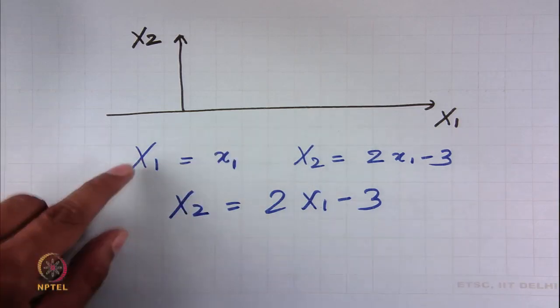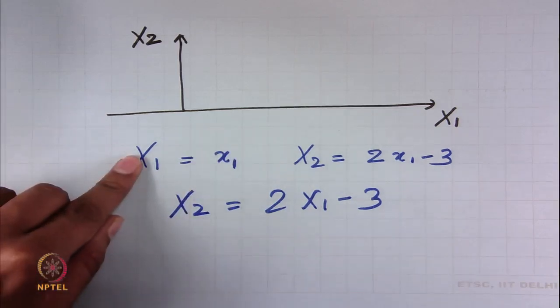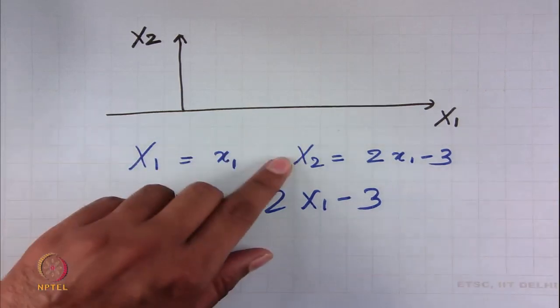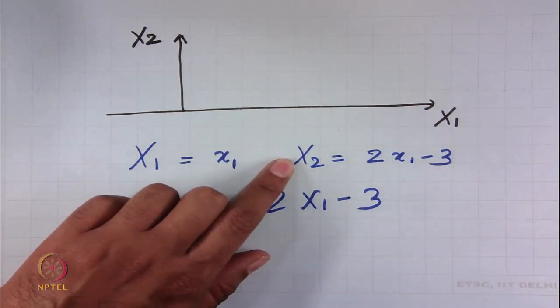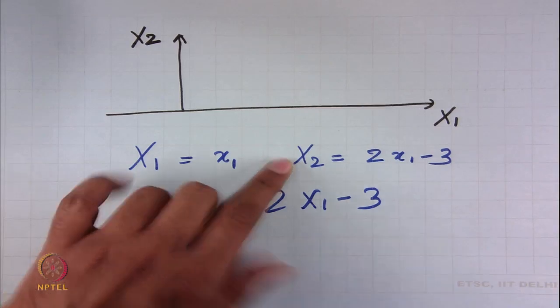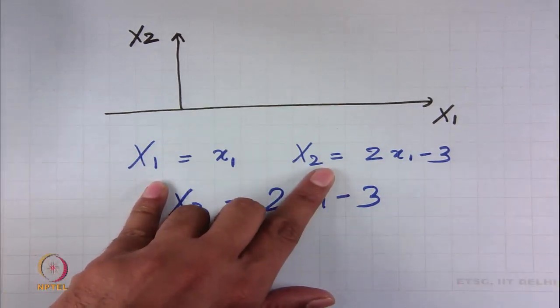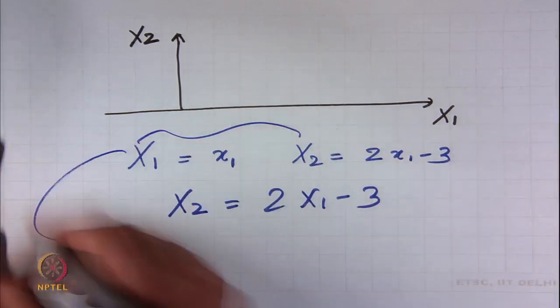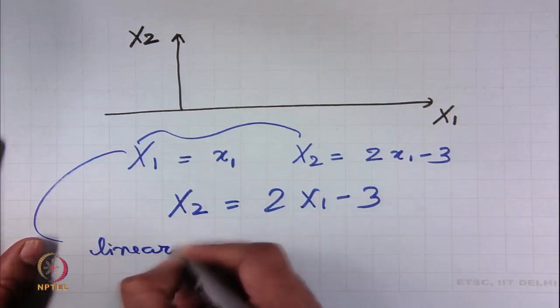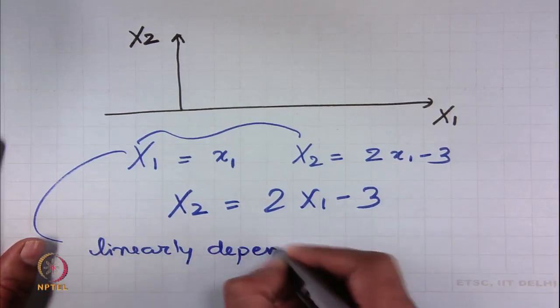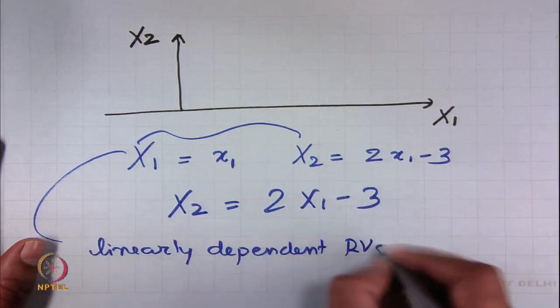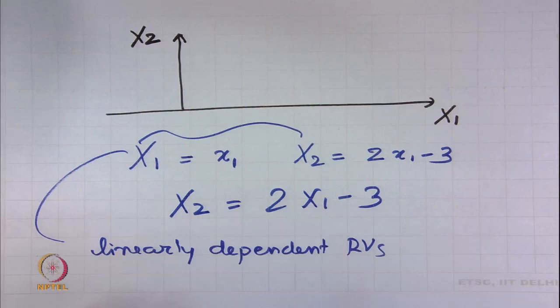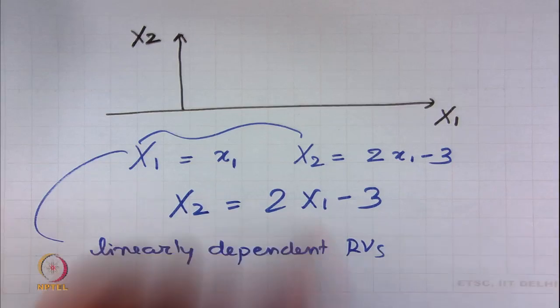Thus, if I know what value random variable x1 has taken, I can completely tell you the value that random variable x2 will take. These kinds of random variables are referred to as linearly dependent random variables. So, x1 and x2 are linearly dependent random variables. x2 is a deterministic, linear function of x1. Specifying x1 will tell me everything about x2.